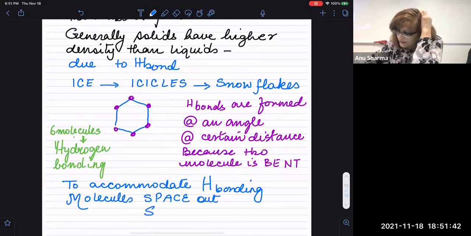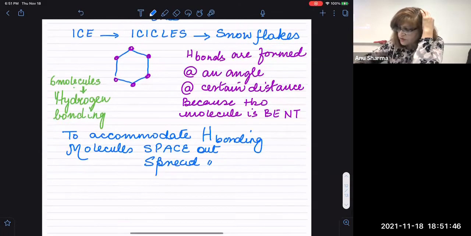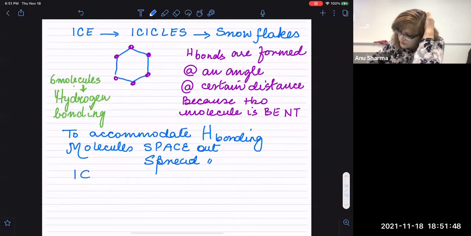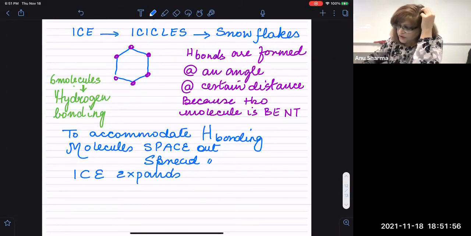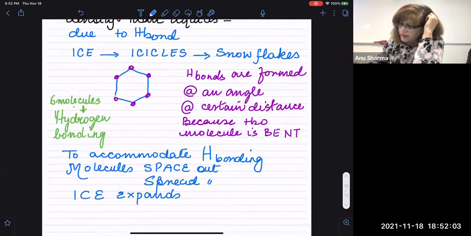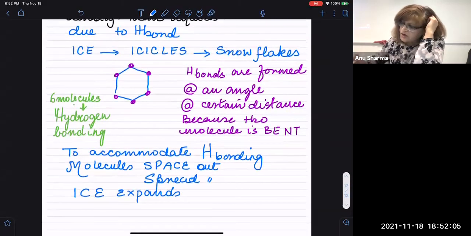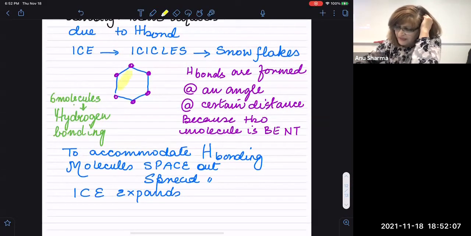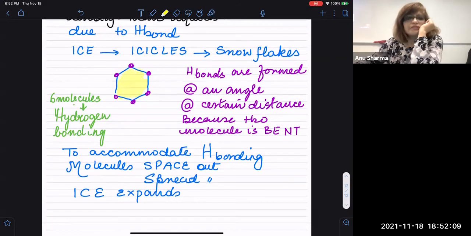So spacing out means they spread out. So when they spread out, the ice expands. Water in its solid form is expanded, more spread out than the water. But at the same time, why is it lighter? When this is happening, air gets trapped in. So this part you see in the middle is air.